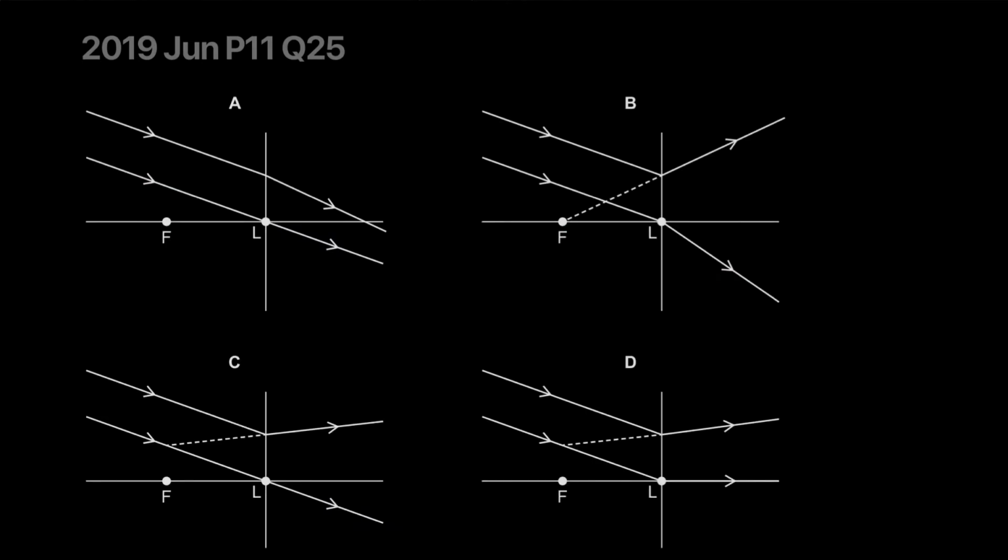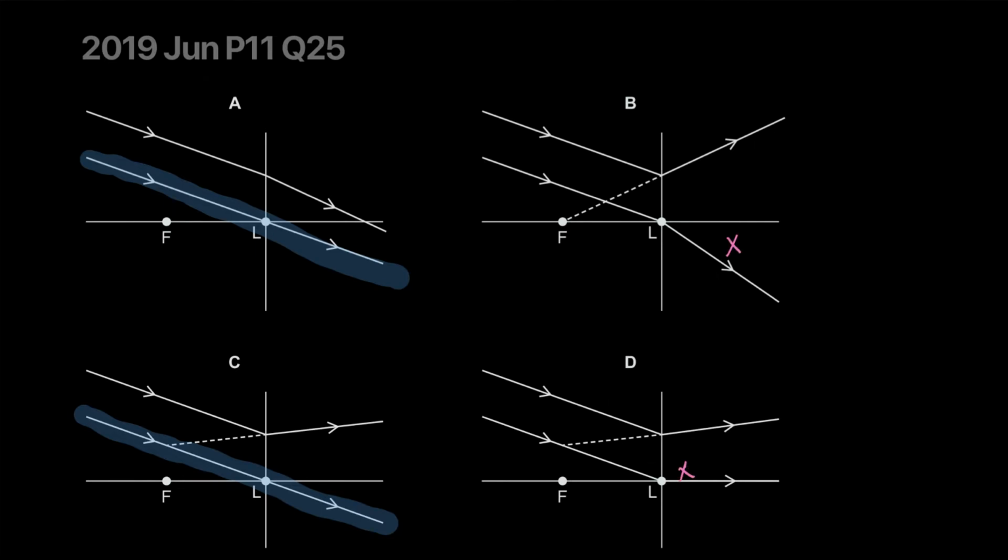Let's figure this out. This looks fine to me. B doesn't have it. This is wrong, this is wrong. For the second shade of light, this looks good to me. This looks good to me. A is wrong.